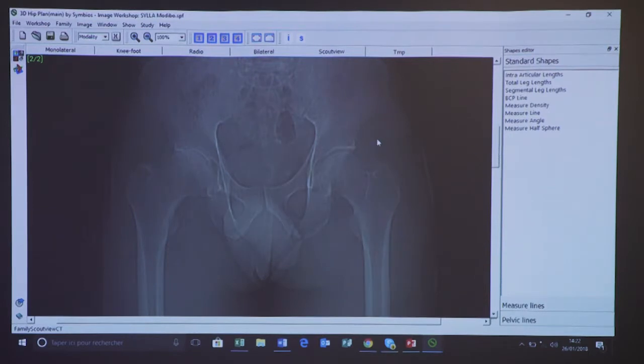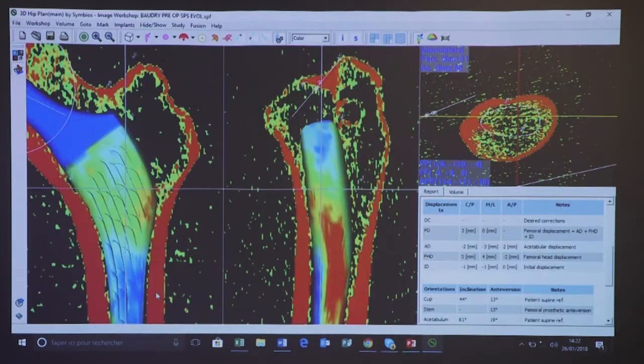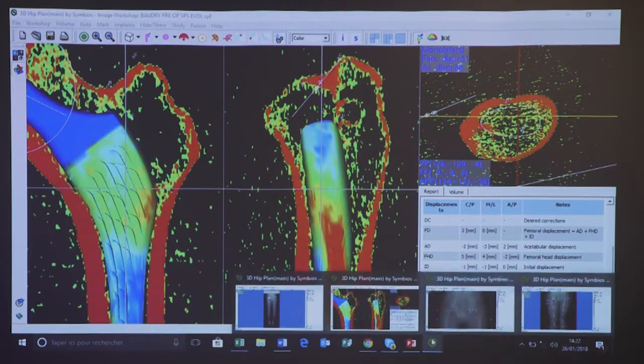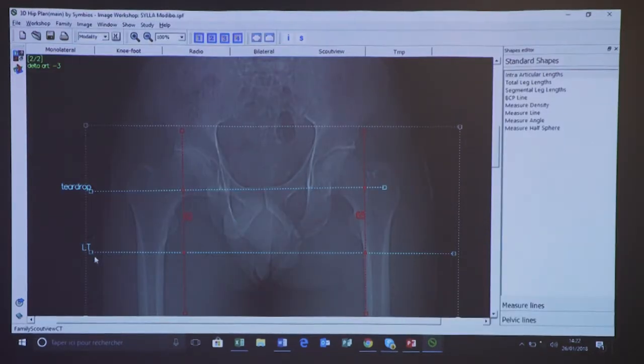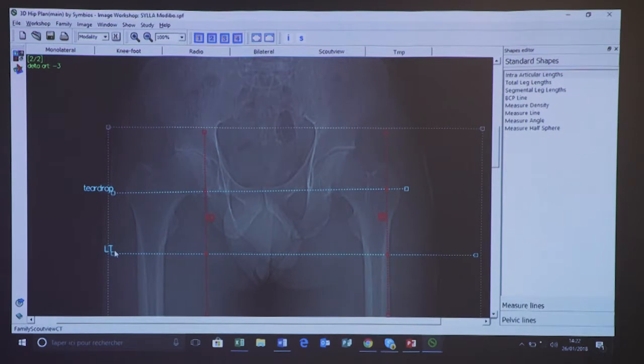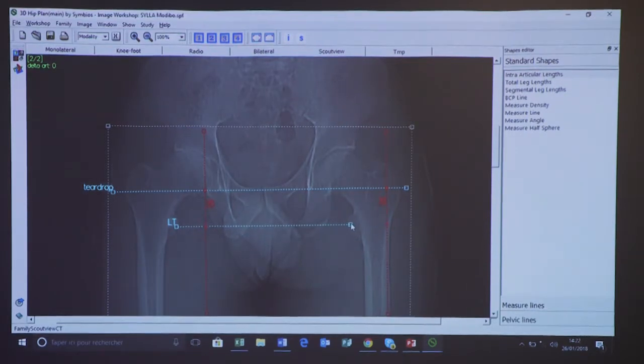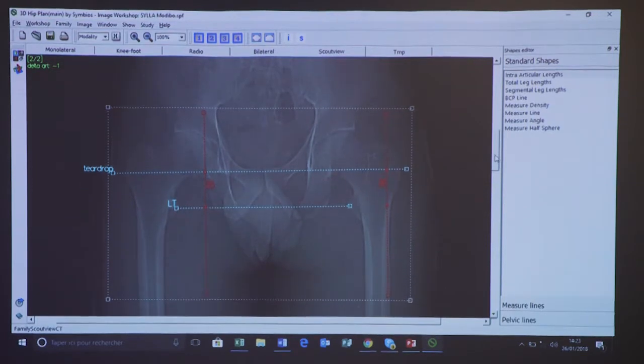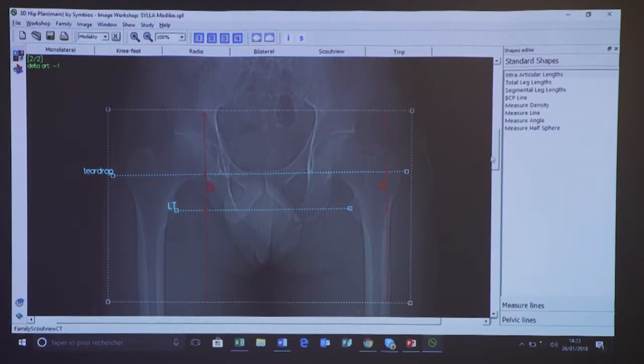And when we analyzed the intra-articular length, these are the teardrops, okay. The teardrops, okay. The left side trochanter, the middle of the left side trochanter. And basically, there is no major lower limb discrepancy. Maybe a slight discrepancy because of the wear.